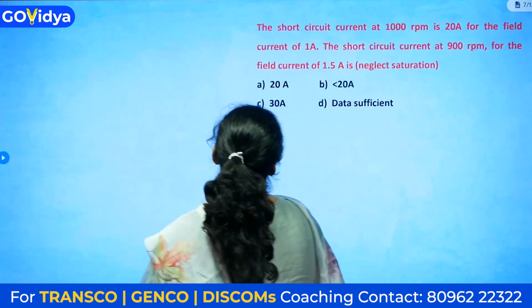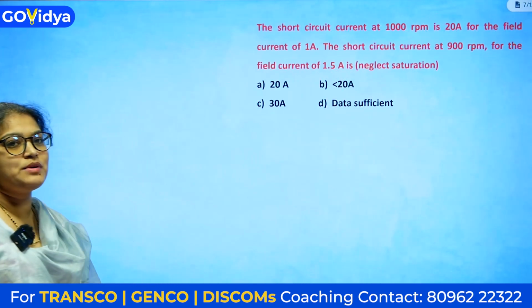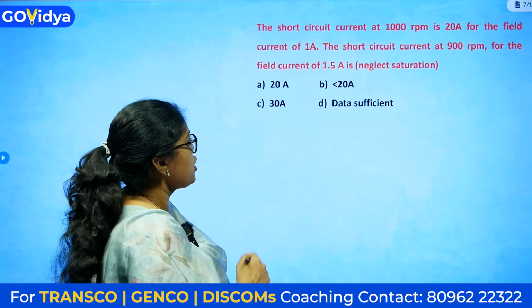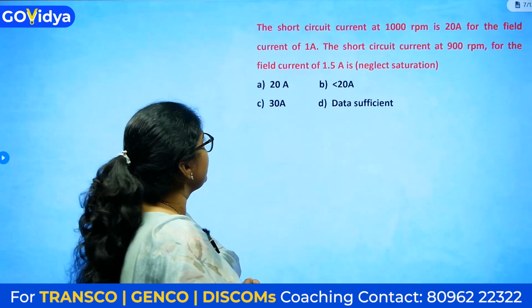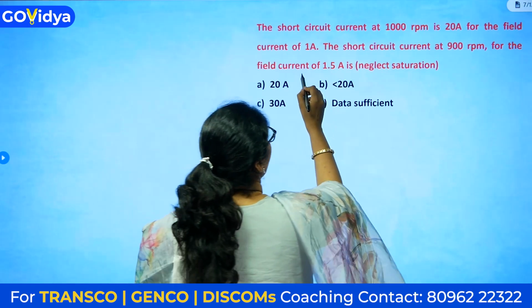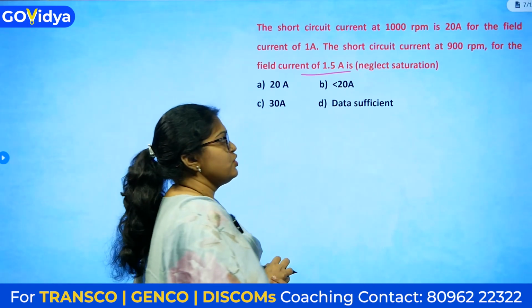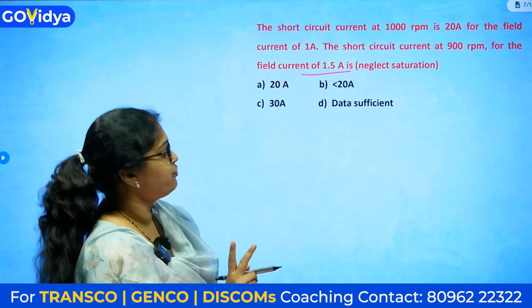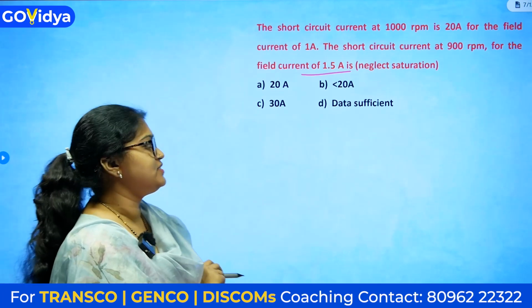Clear? The short circuit current at 1000 rpm is 20 amperes for the field current of 1 ampere. The short circuit current at 900 rpm for the field current of 1.5 amperes is? In the question we have to calculate the short circuit current, and they have given the two field currents and the two speeds.